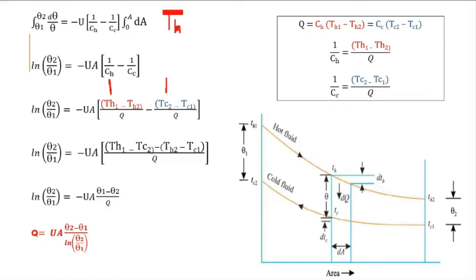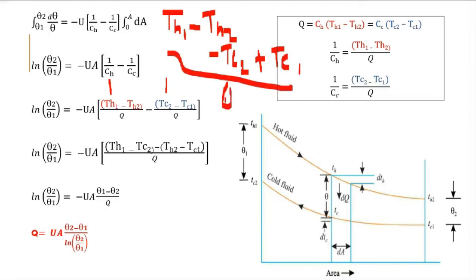It will be Th1 minus Th2 minus Tc2 plus Tc1, divided by capital Q. This is what we get after opening the bracket. Any doubt in this part?